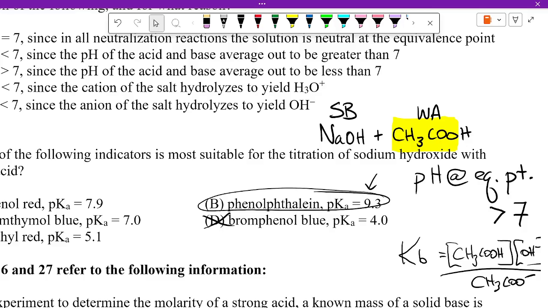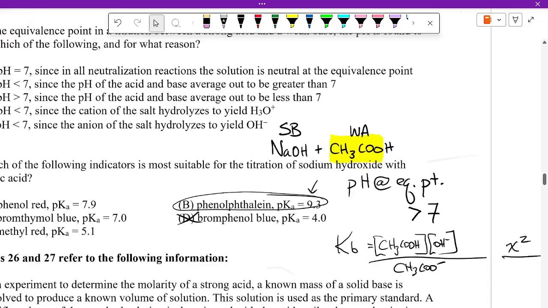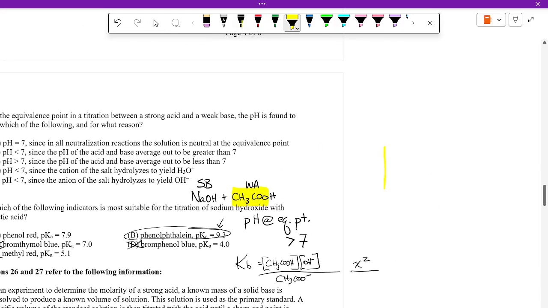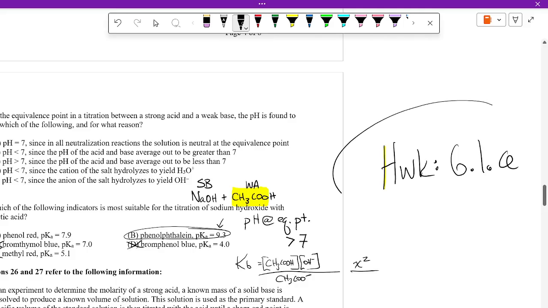If you have band, do it at lunch. Including the script. I told them to do it this week, so hopefully by tomorrow, 6.1A.